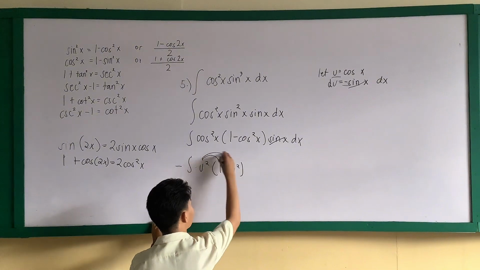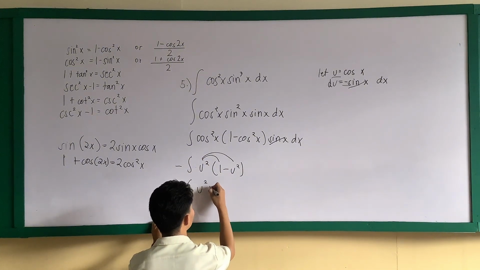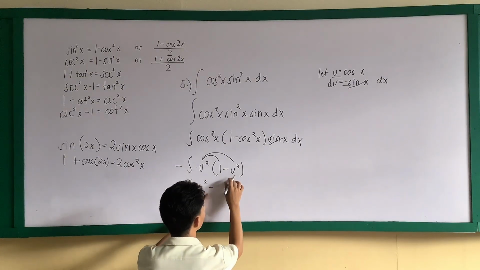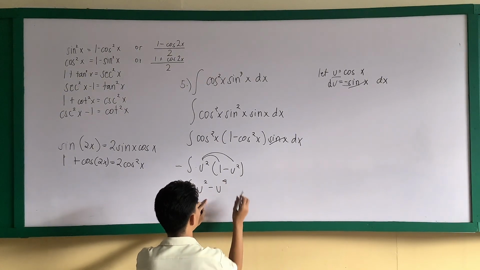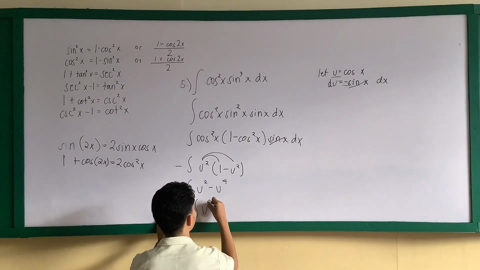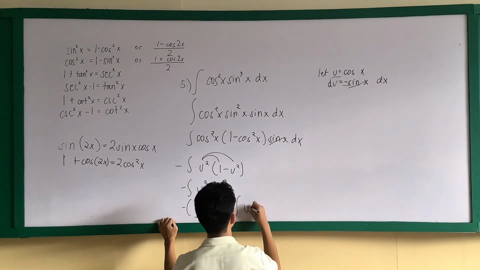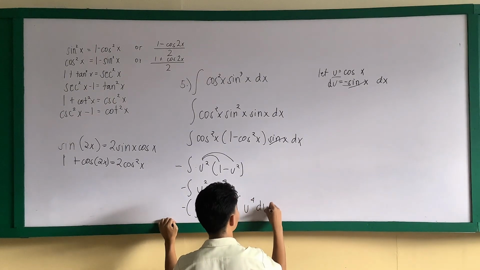So, now we can distribute this sa loob. So, magiging the integral of u squared minus u raised to the power of 4. Now, split natin siya para magamit yung power rule. So, the integral of u to the power of 2 du minus the integral of u raised to the power of 4 du.